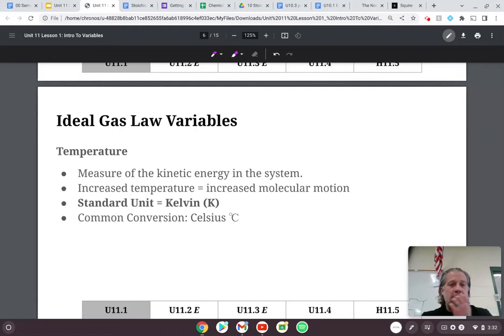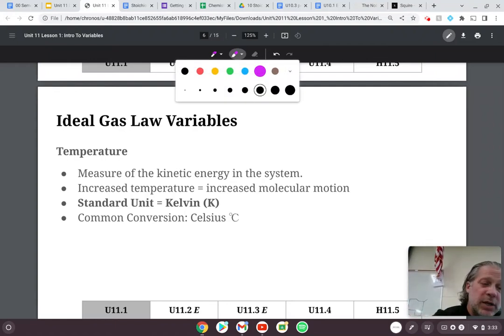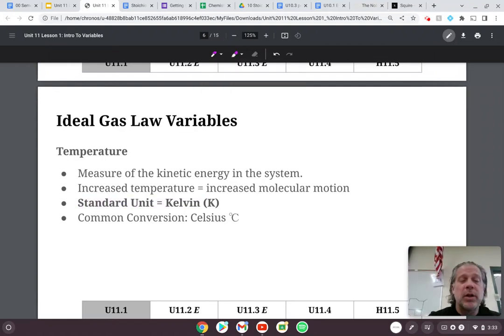So in chemistry, we're really talking about the kinetic energy, that is the energy of motion of the particles in the system. So the faster the particles are moving, the higher the temperature is going to be. However, in chemistry, especially in the gas law unit, we use something called the Kelvin temperature scale.